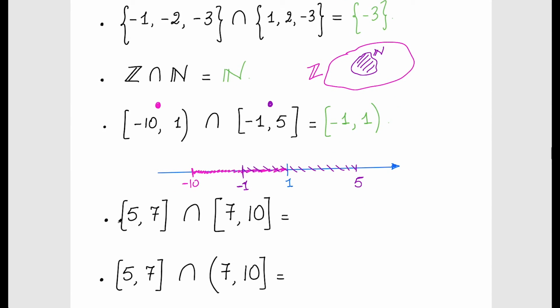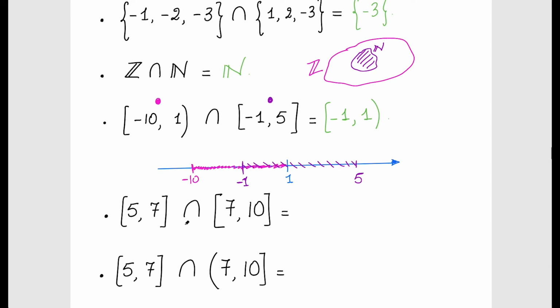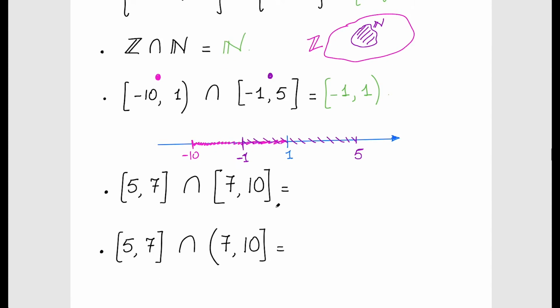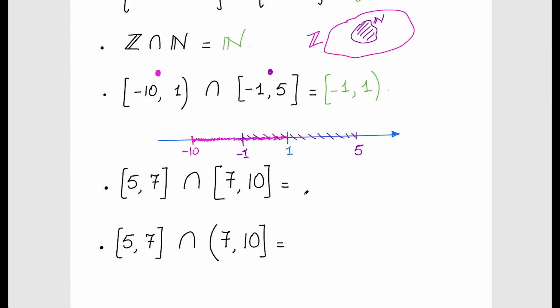Alright, so okay, let's talk about this. The interval 5, 7. Actually, how about you do this as an exercise? So I'll leave this as an exercise. How about this one?